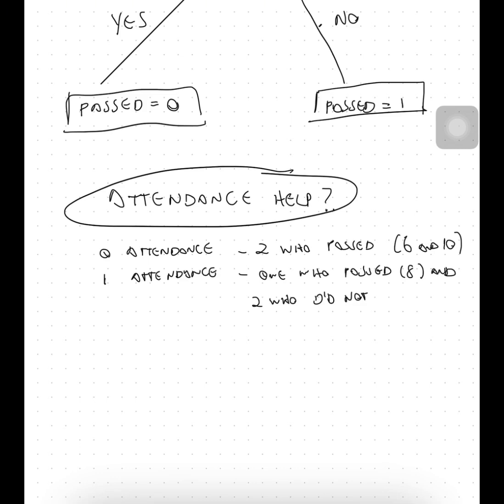So, attendance alone doesn't clearly separate the outcomes. That's why the tree doesn't choose attendance as the first split, because study hours gives a cleaner decision, and attendance, as you can see from what I'm drawing, doesn't help.